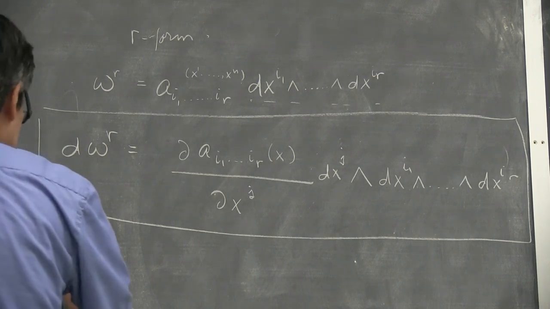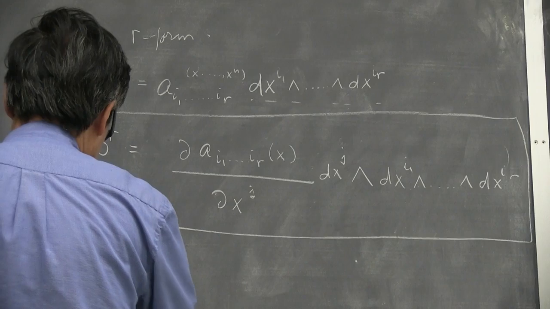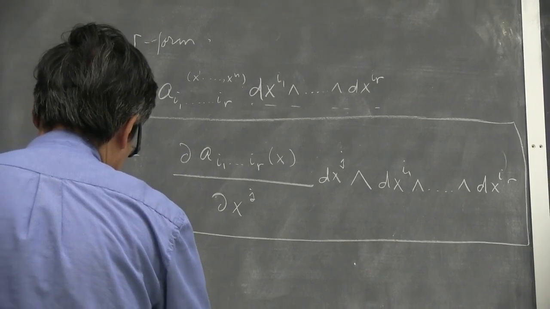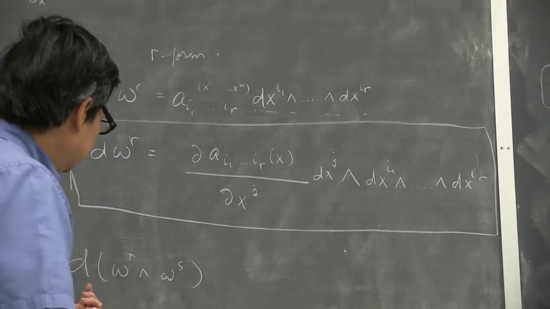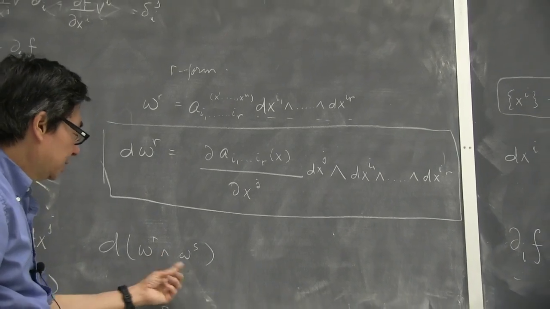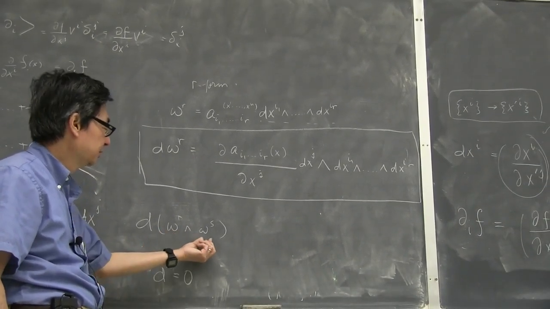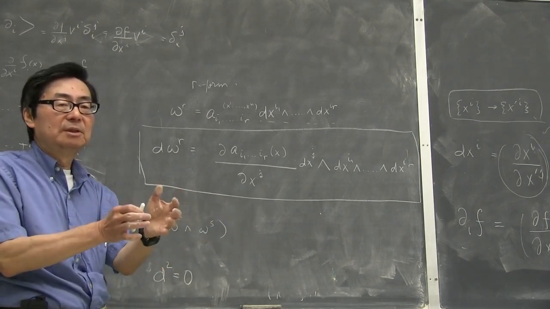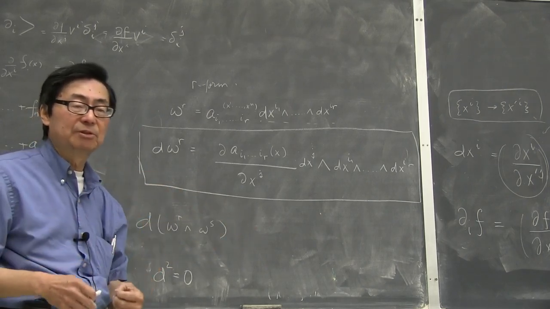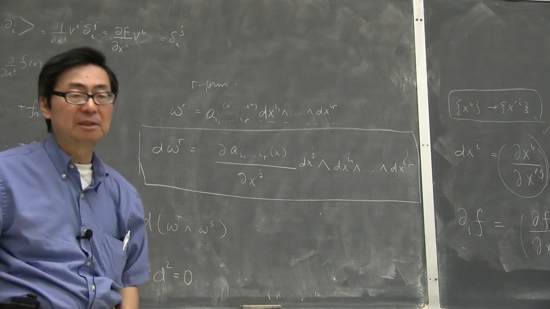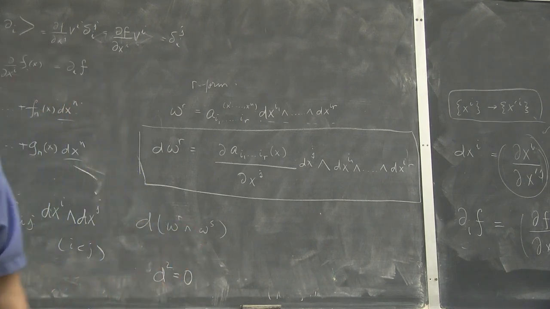So supposing that I have R form omega and S form, I calculate the exterior derivative of the wedge product. The wedge product is defined so that when you have an R form and an S form, you anti-symmetrize them after direct multiplication. Then the whole thing is again anti-symmetrized by definition.